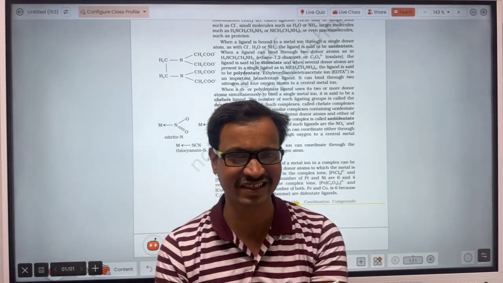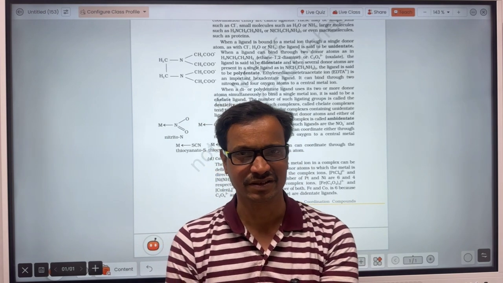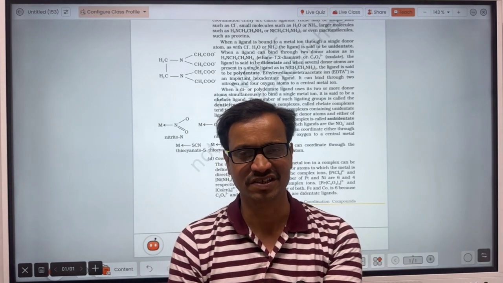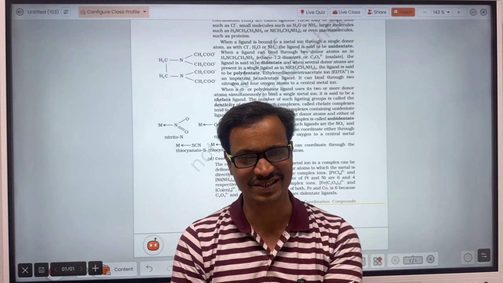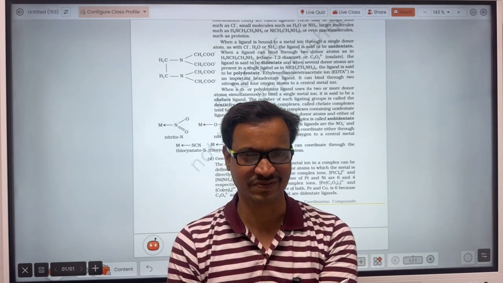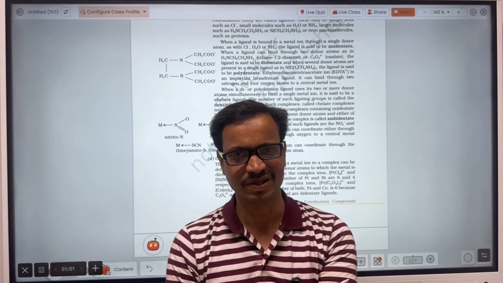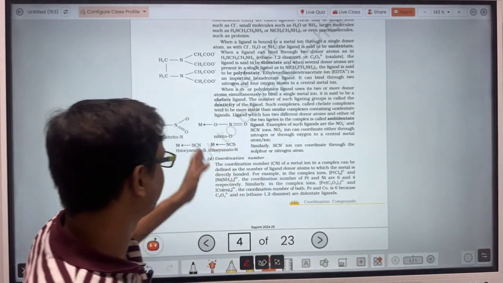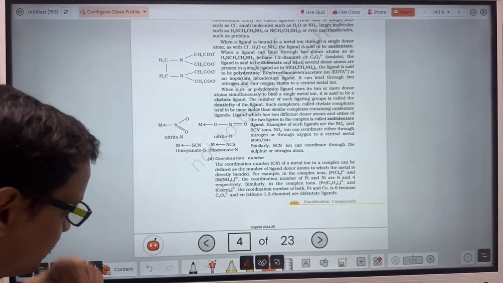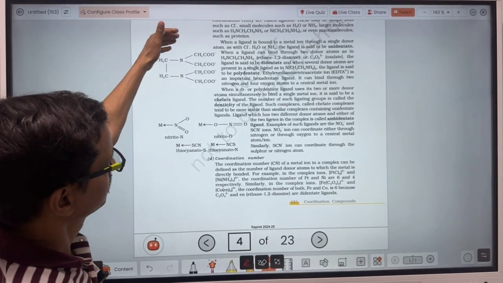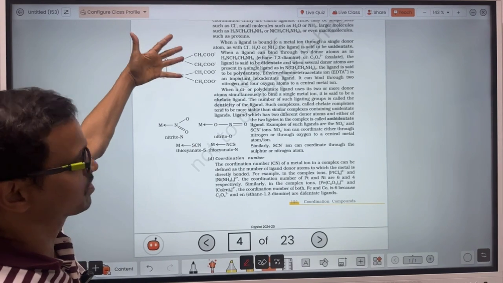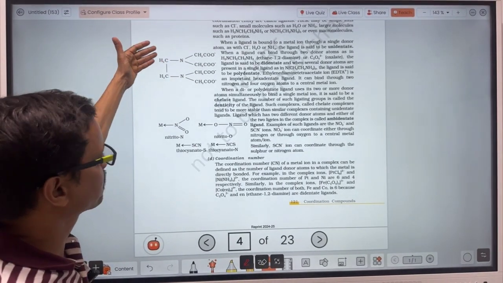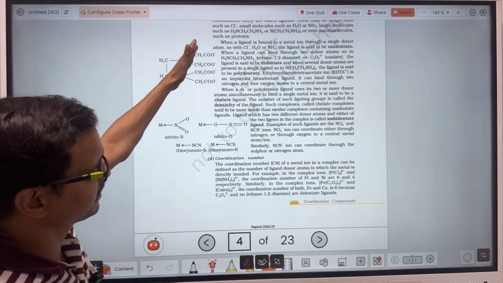If there is didentate ligand, the two atoms of each will be bonded to the central atom simultaneously, so the coordination number will be 2 into the number of didentate ligands. Same for polydentate ligands like EDTA. Suppose, hypothetically, though not practically feasible, the number of EDTA is 2.